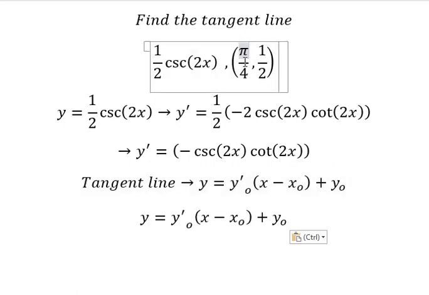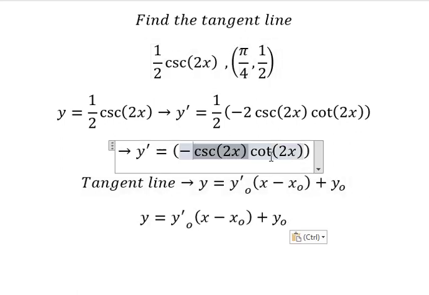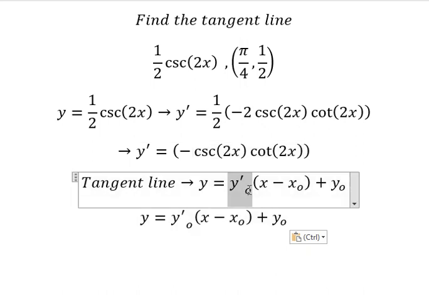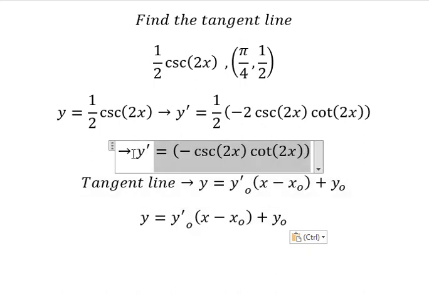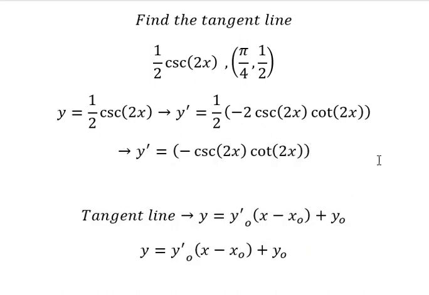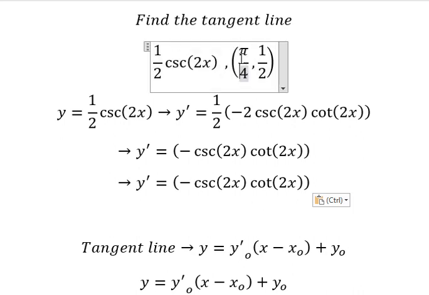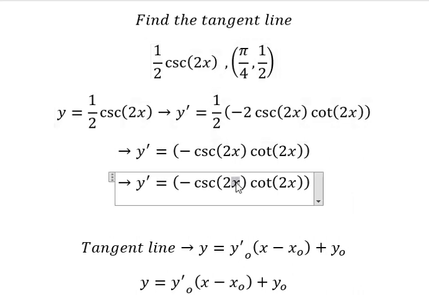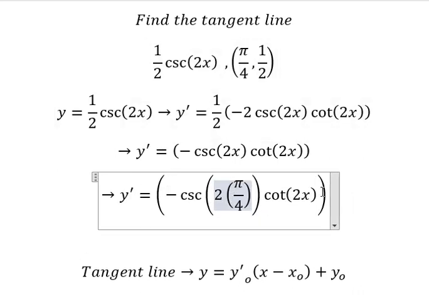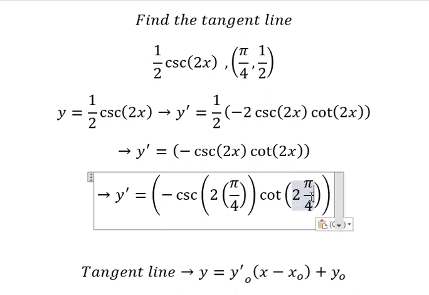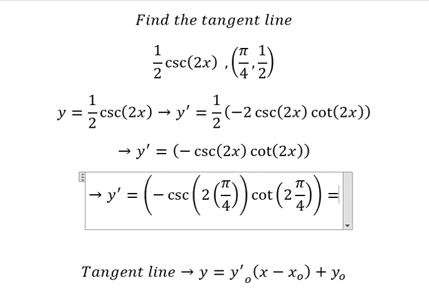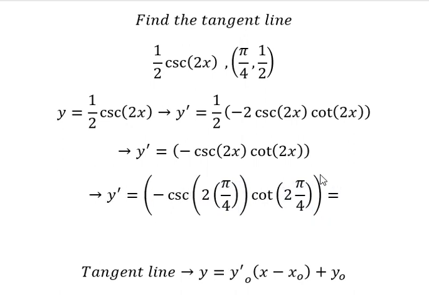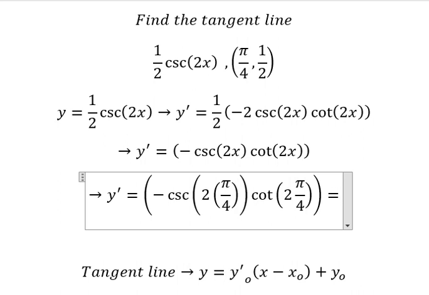So I will put pi over 4 for x here to find the value of this one. And we got number 0.